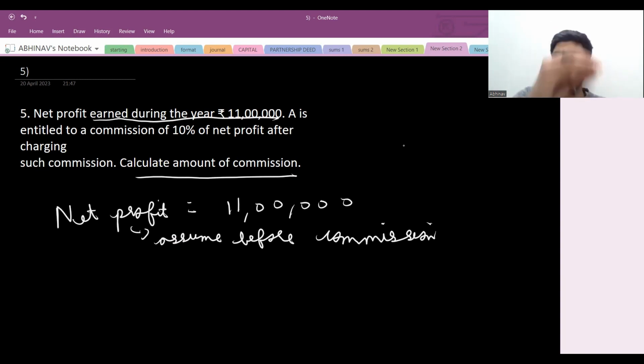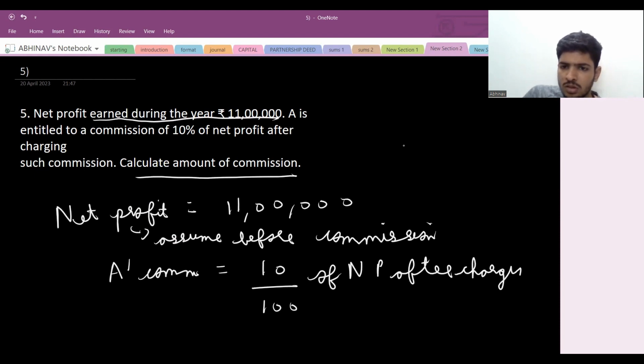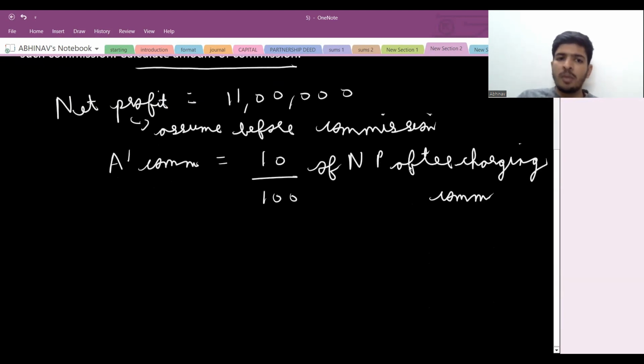It is pure net profit from the P&L account. That's what we always assume. Then A's commission is 10% of net profit after charging commission. Now, same formula like I mentioned above.